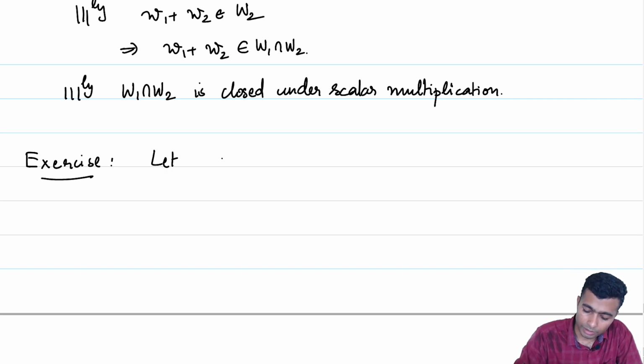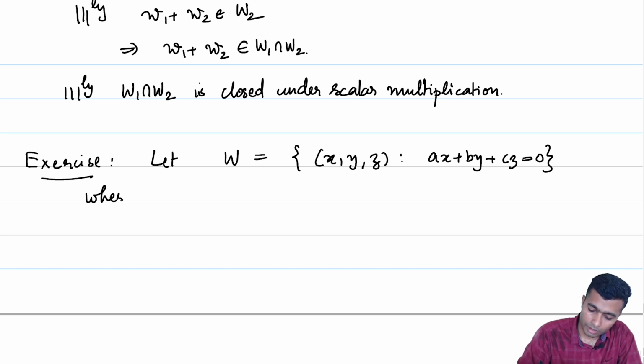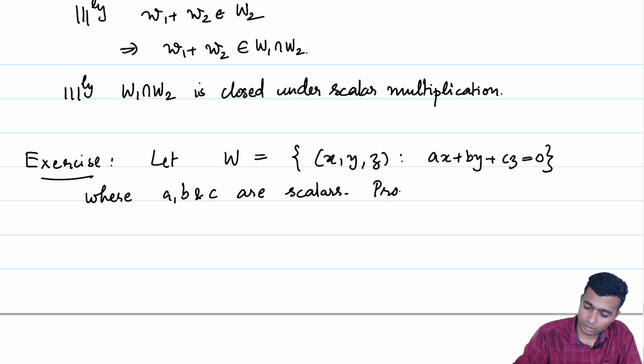Let W be the set of all x, y, z such that Ax plus By plus Cz is equal to 0, where A, B and C are scalars. Prove that W is a subspace of R3.